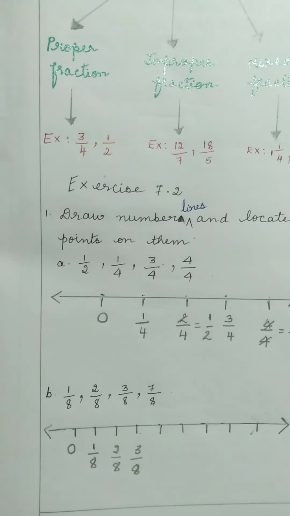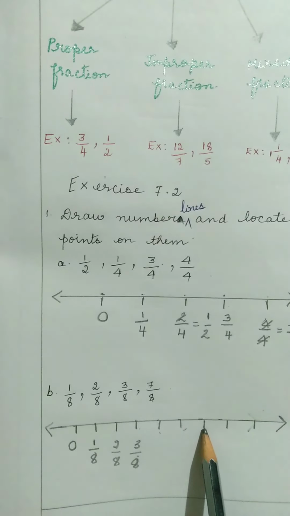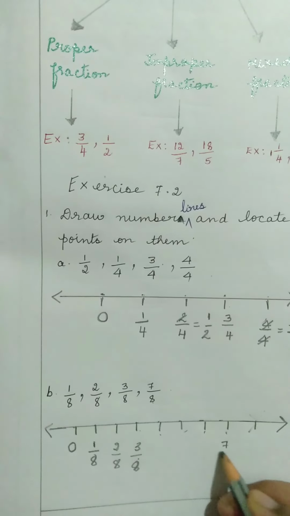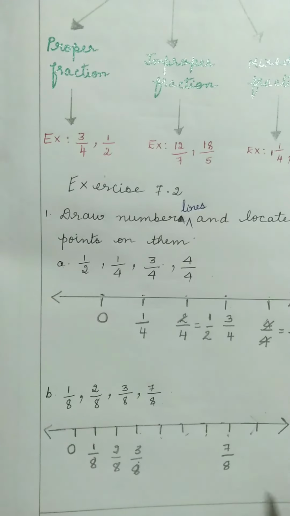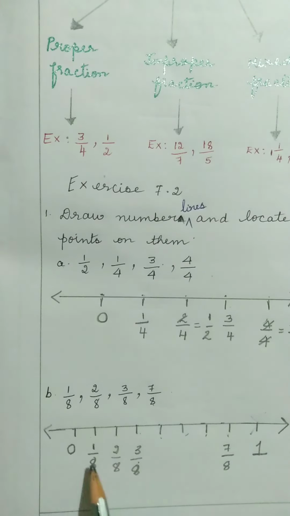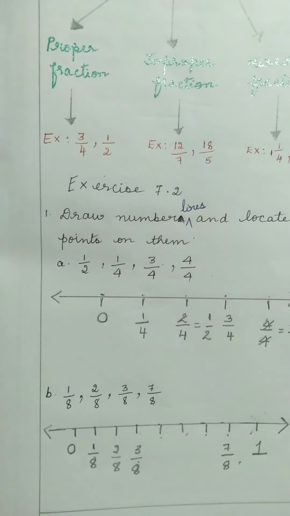So this is 3 by 8, 4 by 8, 5 by 8, 6 by 8, and this is 7 by 8, and this will be 1. Between 0 and 1, these fractions are present in the number line.